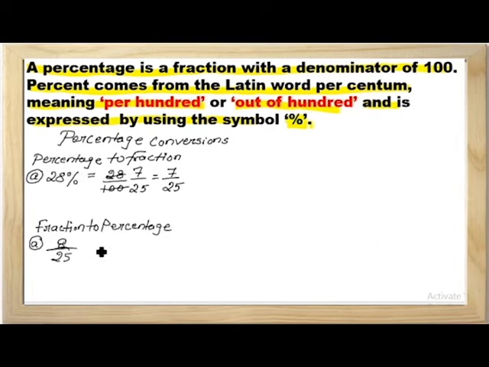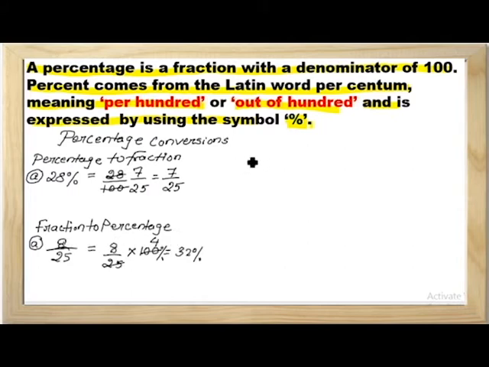If we want to convert this fraction into a percentage, what we have to do? We have to multiply this by 100. And then by the table of 25, we get 32%. So this is fraction to percentage.